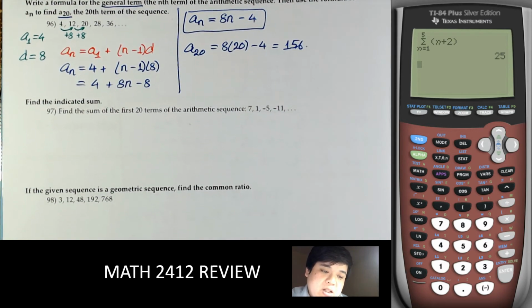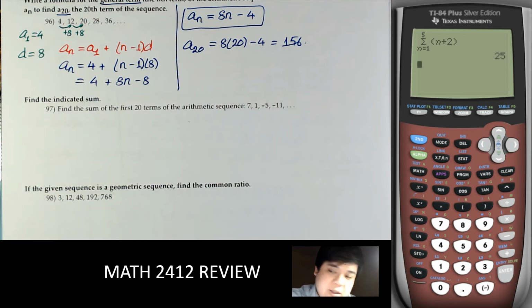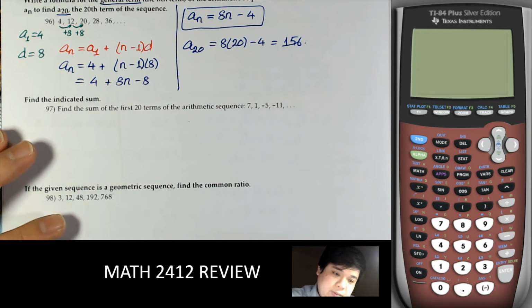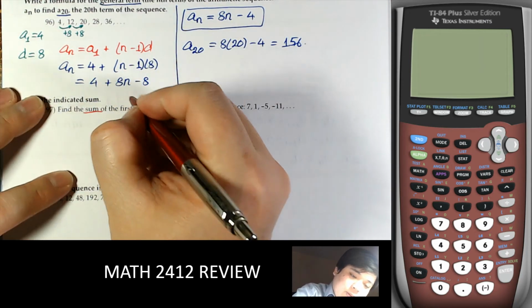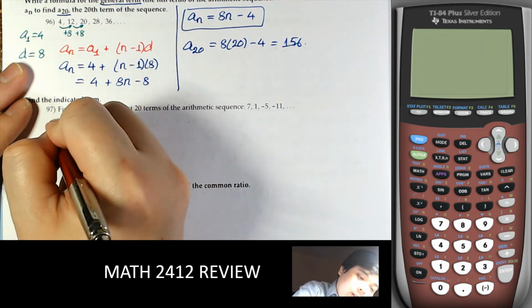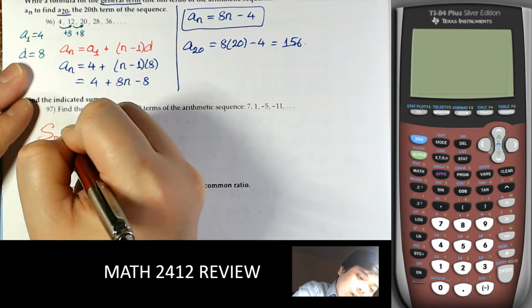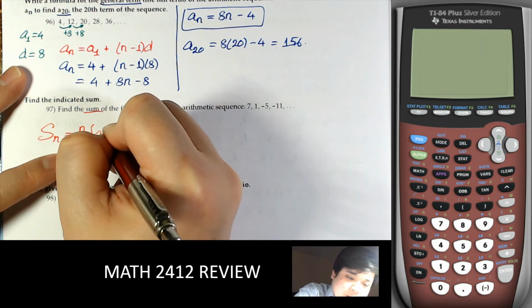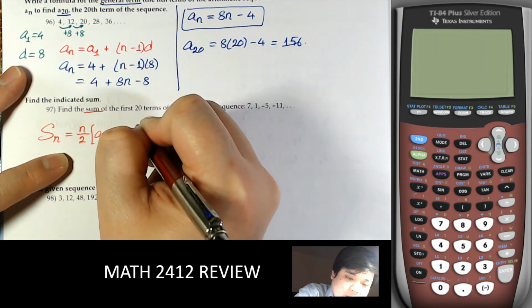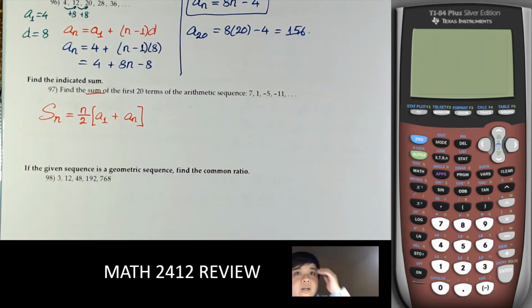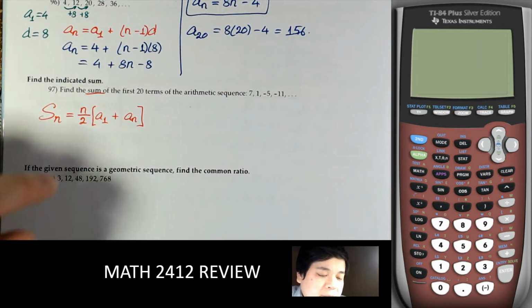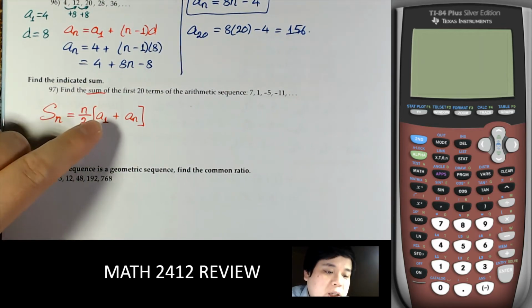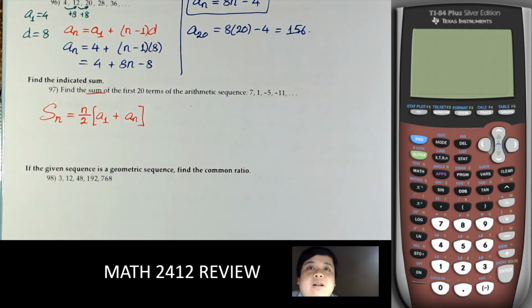Now next we have the sum of an arithmetic sequence. The formula is this one: the number of terms divided by 2, times the first term plus the last term, right?